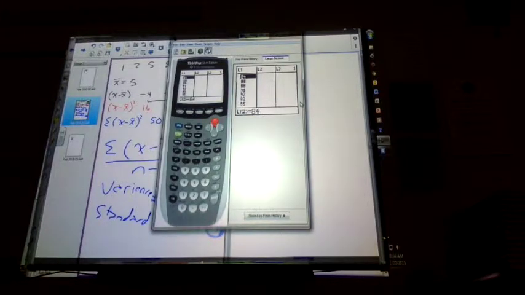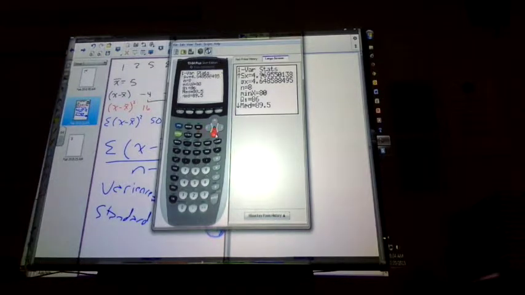Find the range. Okay, so the range is going to be the biggest number, which is 95, minus the smallest number, which is 80. So 95 minus 80 is 15. And then they have something called the IQR. The IQR is the interquartile range. So with our data that we have, calculate the one variable statistics.